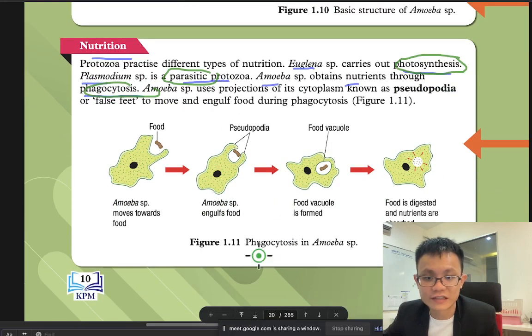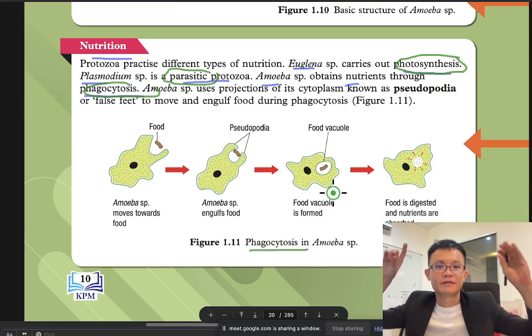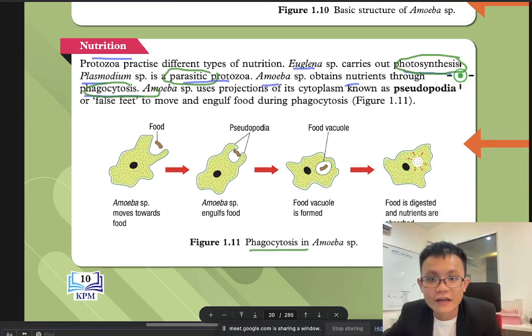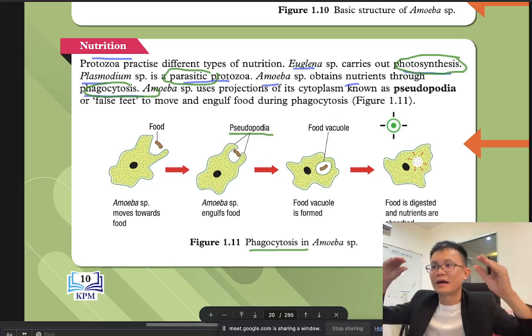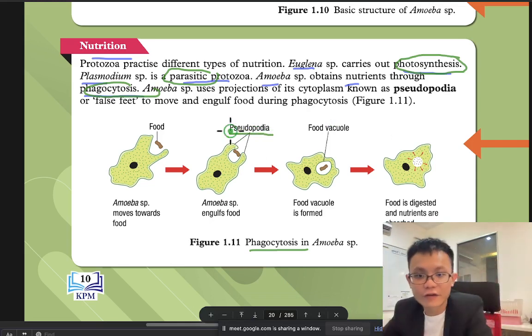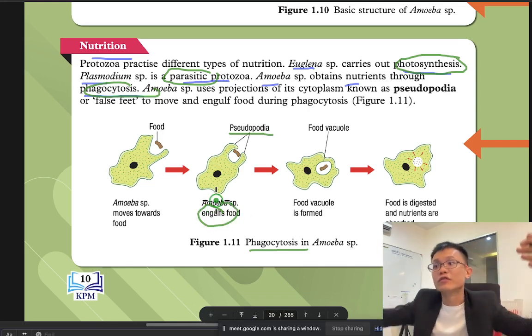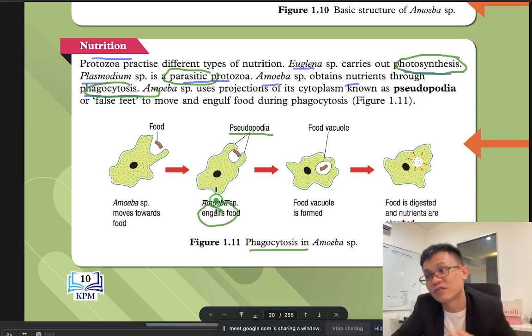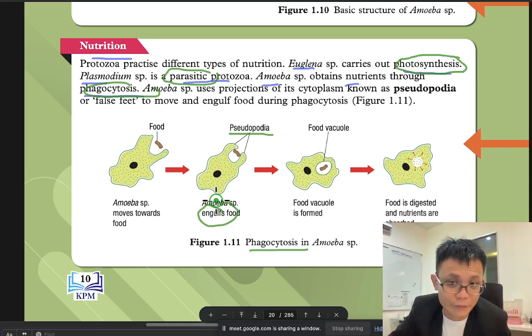How to do phagocytosis? This is the example. Okay, first it will make the hand come out. We call it the pseudopodia. To make the hand come out, and then we use the word engulf. Engulf, the English word for eating the thing, to engulf, to consume.